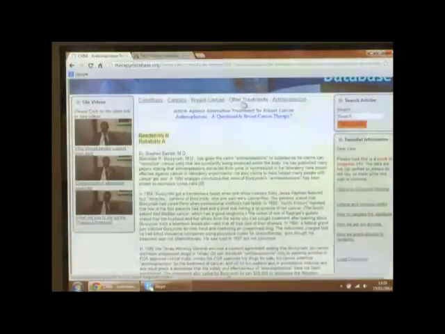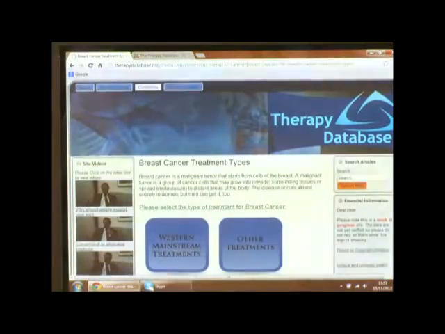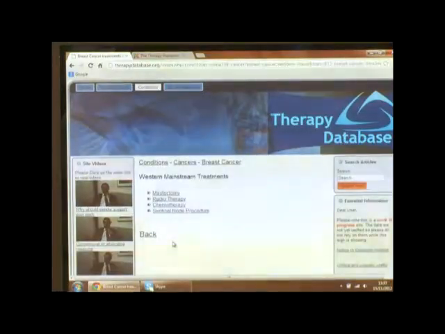So one can go to breast cancer, and then you can look at other Western mainstream treatments, and again, you find exactly the same layout all the way through. So I hope that look at the computer screen was useful.